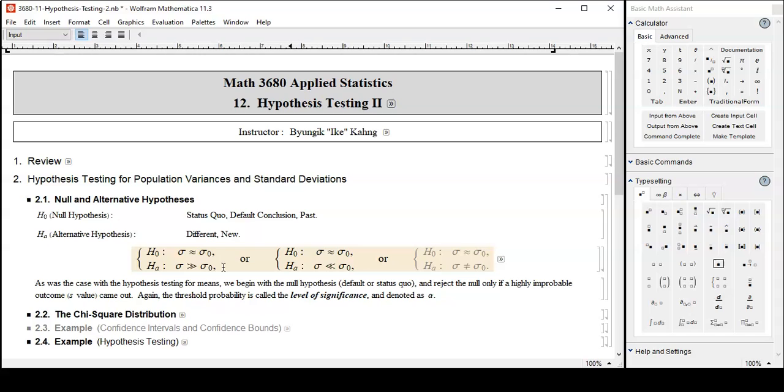And that's much better measured by sample standard deviation than several different sample means. See what I mean? That's one of many motivations of hypothesis testing for population variances. Of course, the other case is this, sigma less than something. But the third case, I don't see any importance there, so I'm not going to talk about this at all.